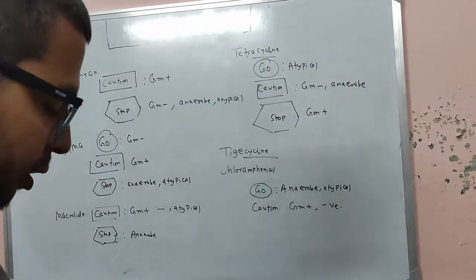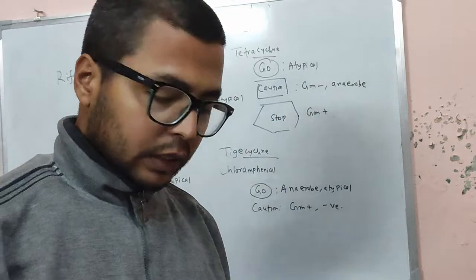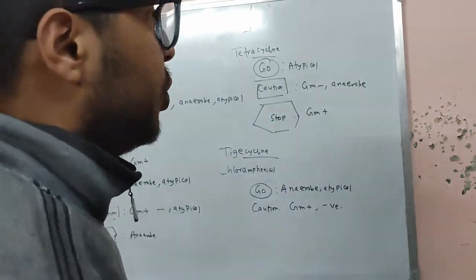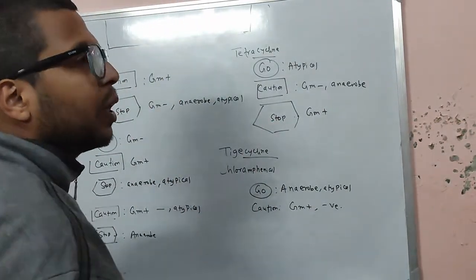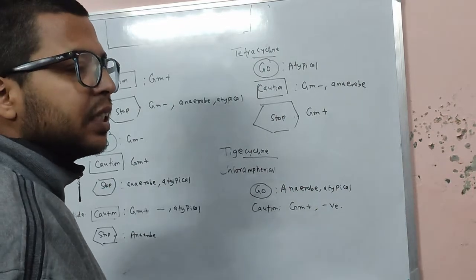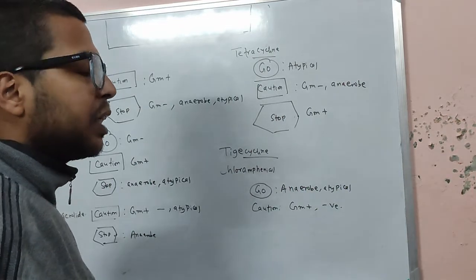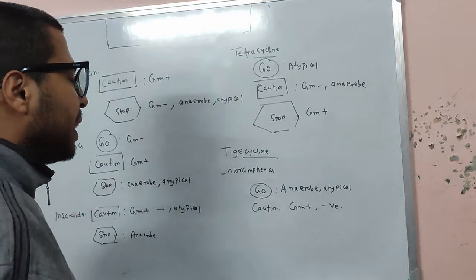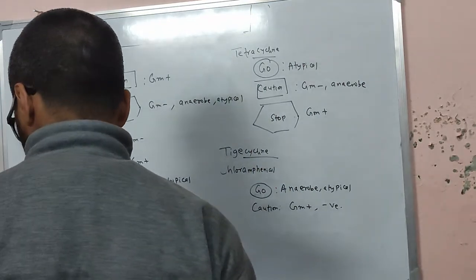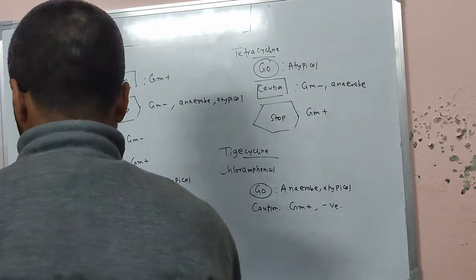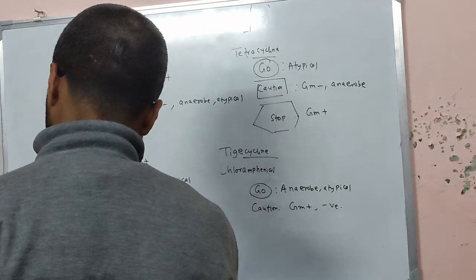Okay, chloramphenicol is not often used in our daily practice. It is used when multiple drug resistance is suspected and fever is not resolving despite trying various antibiotics. Only in that scenario can we use chloramphenicol. Okay.